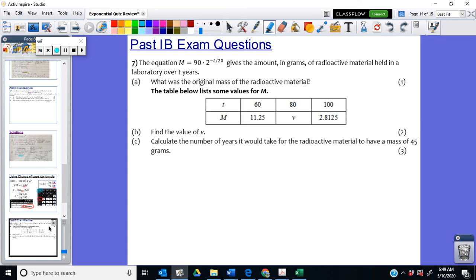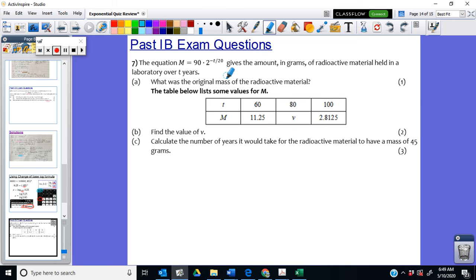Here's the last question of the review. This equation gives us the amount of a radioactive material held in a laboratory over a number of years. So again, look to the equation to find the original or the starting value that you're being asked for.